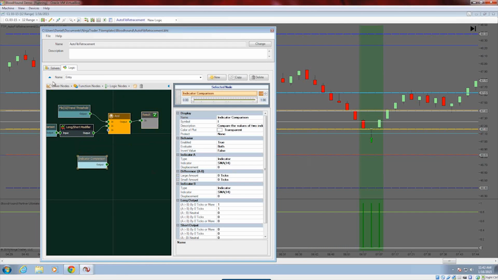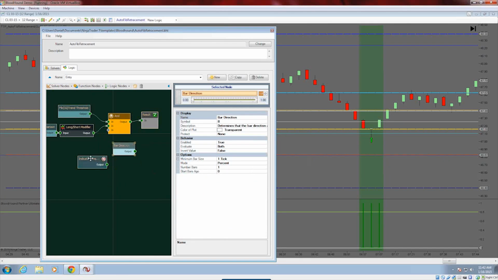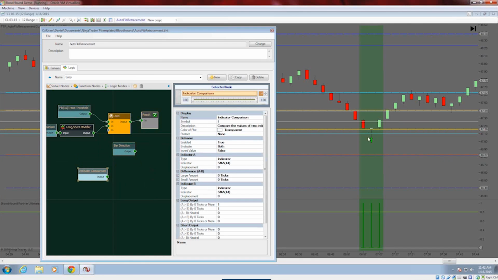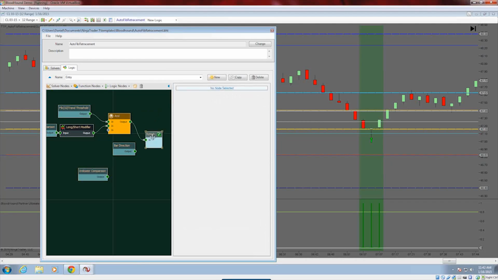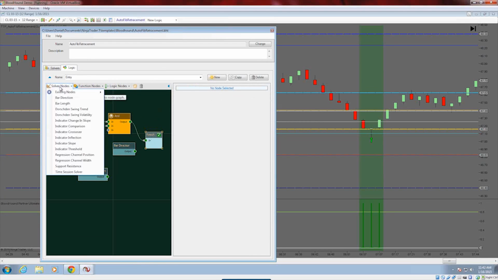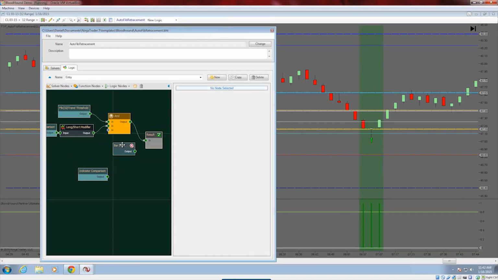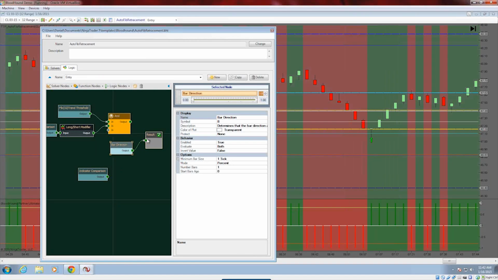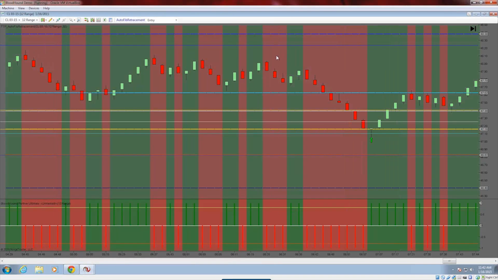And rather than using, I could use the bar direction solver. But the problem with this is, what if it's a doji? Well, let's connect the bar direction solver. So I've just gone up to the solver nodes. We have all of these different solvers. I've selected the first one in the list, the bar direction. And I'll just connect that as it works by default. And you'll see I'm getting a long when the bars are green.